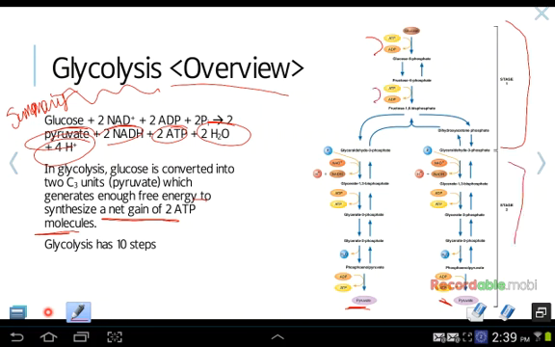However, in our second stage, we make a total of 4 molecules of ATP, giving us a net gain of 2 overall. And if you look, glycolysis can be broken down into 10 basic steps. So we got 1, 2, 3, 4, 5, 6, 7, 8, 9, and there's a 10th one hidden somewhere that I seem to have skipped, but we will see it when we go step by step.